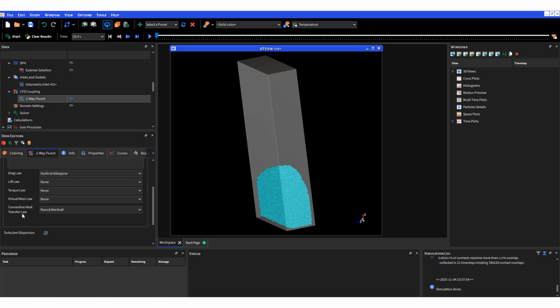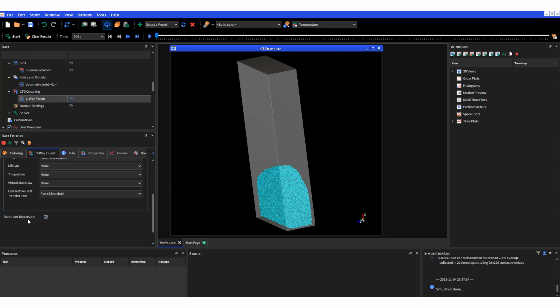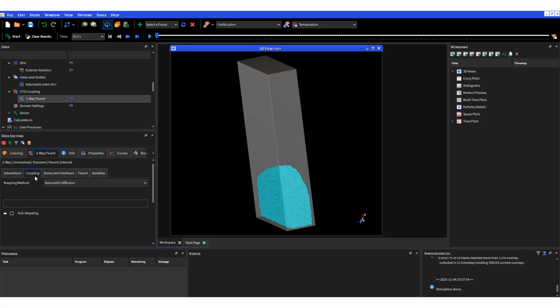The convective heat transfer law is required when we're doing CFD coupling with combustion, which requires heat transfer between the particle and the surrounding gas phase. So we do have to have something here, and we have Rowe's, Ranz-Marshall, Whitaker, and Gunn as well. These are different options, and the same settings are used for both particles.